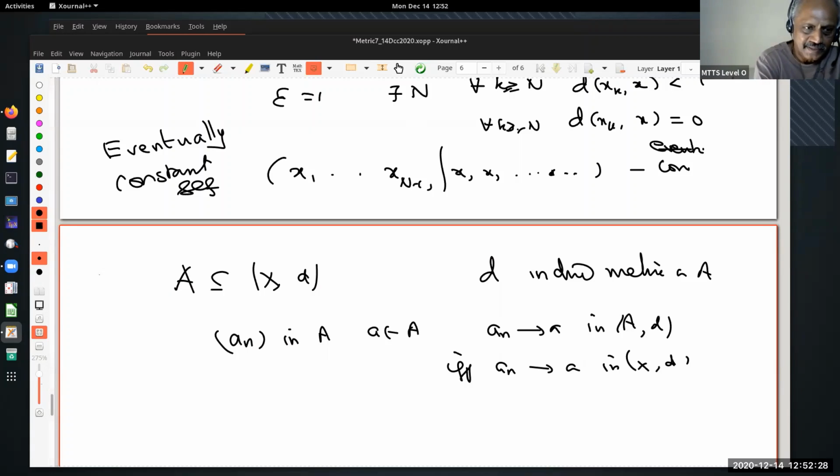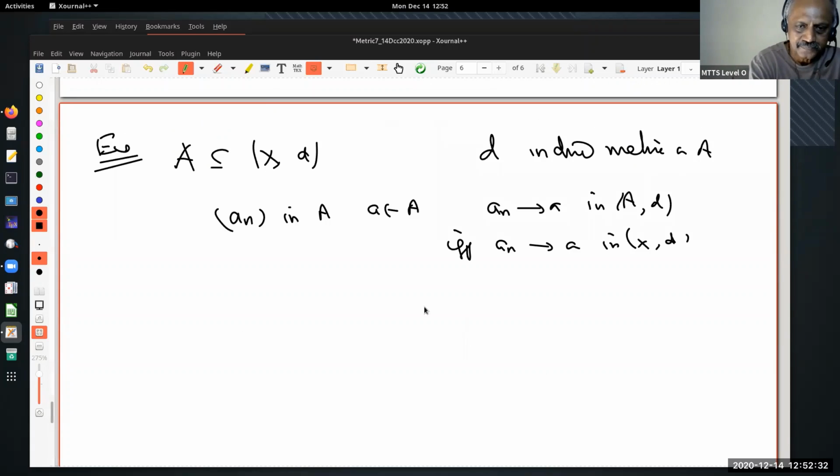This is very easy, right? Just convince yourself. If you give me a positive epsilon, there is a capital N so that the distance between a_n and a is less than epsilon. But that distance is the same as the distance in X. It does not matter which. Therefore, the result follows. Right?